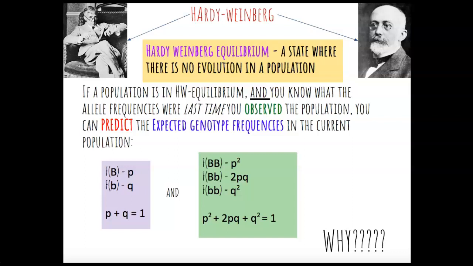That means that if we have a population of frogs that we've been studying for years, and say we went and sampled their genetics back in 2000, and now we're sampling them again in 2020. If that population is in Hardy-Weinberg equilibrium, meaning that evolution, microevolution, is not occurring, the allele frequencies and genotype frequencies will be the same from that 2000 sampling time to the 2020 sampling time.